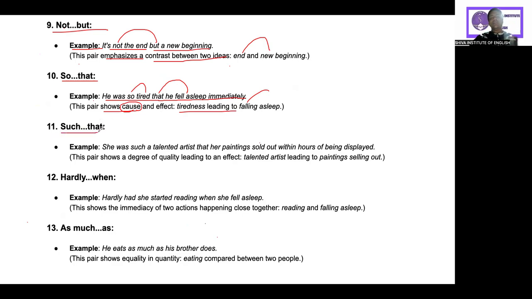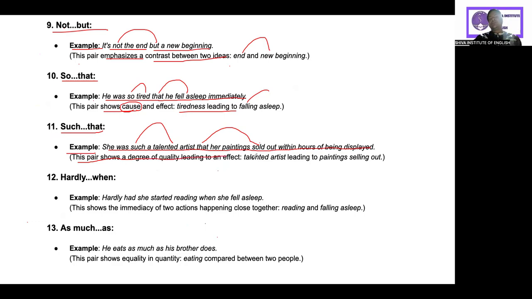Similar to that, when we say "such...that", we can find, "She was such a talented artist that her paintings sold out within hours of being displayed." This pair shows what? A degree of quality leading to an effect.